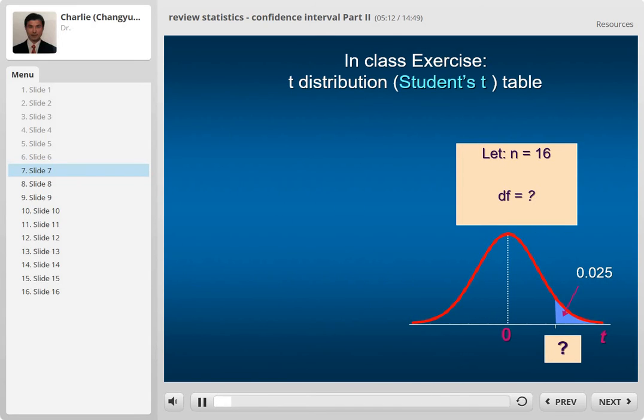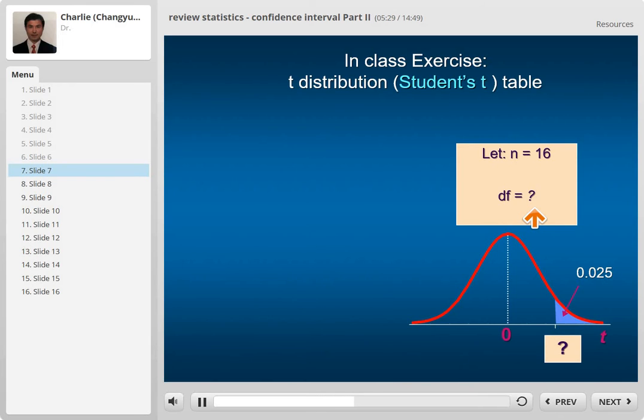Now, let's do an in-class exercise of this t-distribution. Please use the t-distribution table on page 800. Now, let n equal 16. Please first calculate degree of freedom.